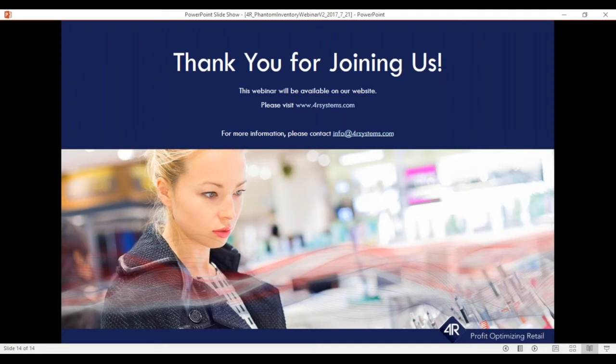Or if the product's not there in the store, then there has to be some tracking back to find out, are the barcodes incorrect? Is it being scanned incorrectly? Is the DC not shipping correctly? Is the store not accounting for its inventory correctly when it's received? So all the back office stuff, the client really has to go back and do that root cause analysis and find out where the breakdown is.